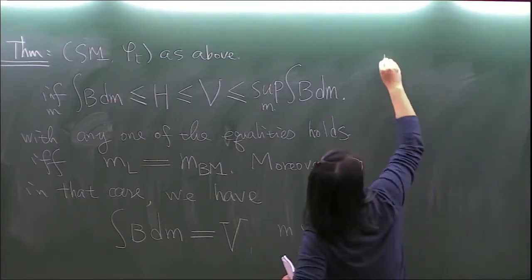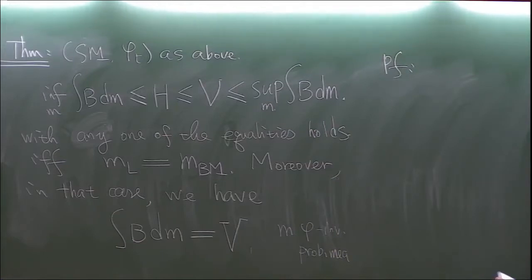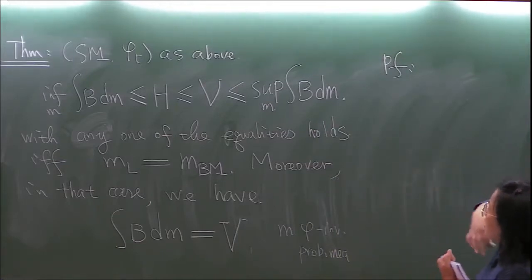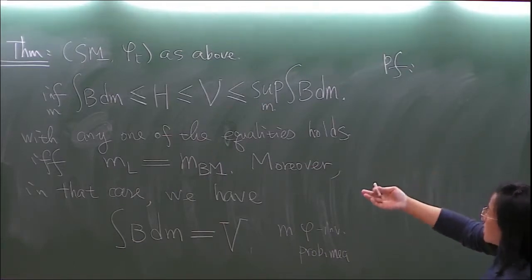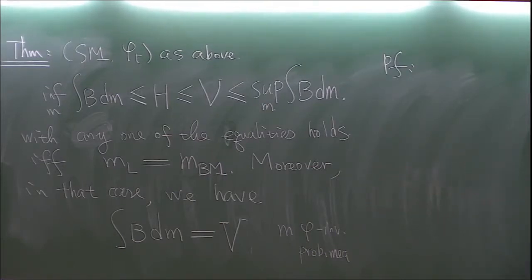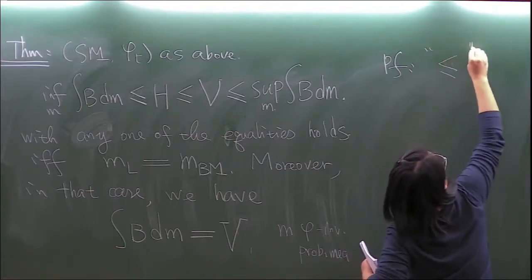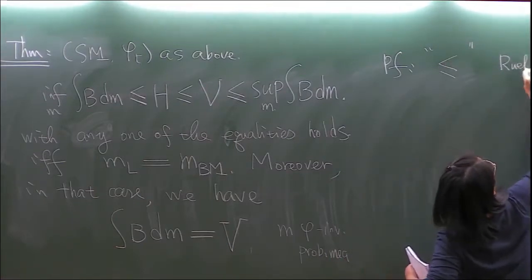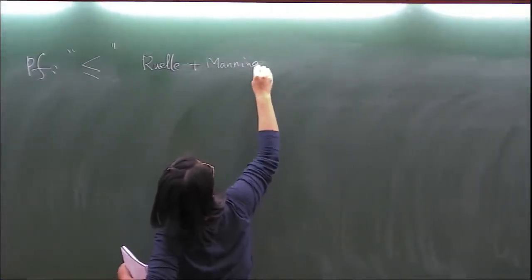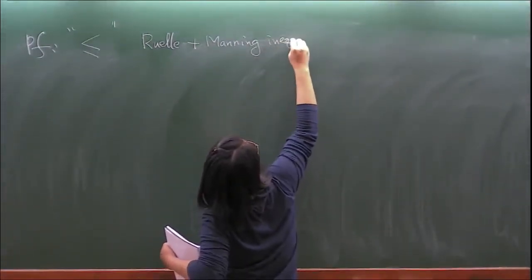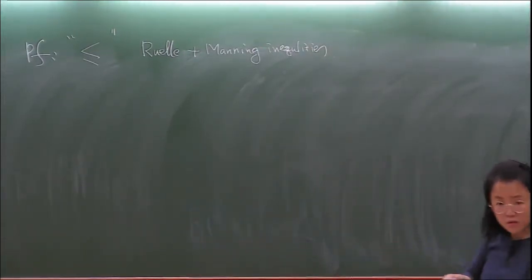So this is our theorem, and what's the proof? So you see the inequalities are just consequences of the Birkhoff and Manning's inequalities, right? This part. Okay.